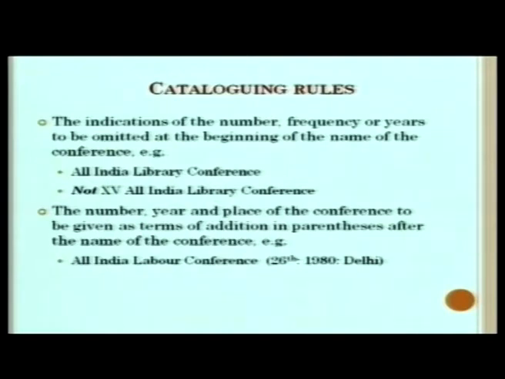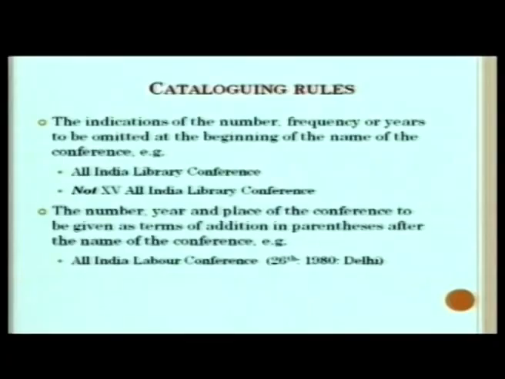The number, year and place of the conference are to be given as terms of addition in parentheses after the name of the conference. For example, All India Labour Conference, and within circular brackets we mention the number of the conference, 26th, then colon, the year of the conference, colon, space, then the place of the conference, which is Delhi.